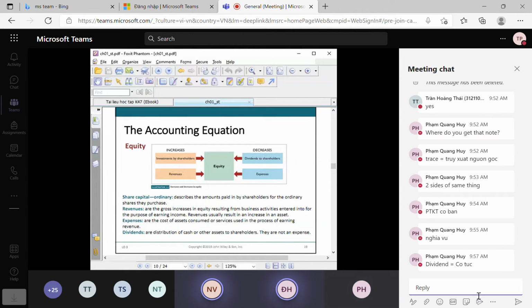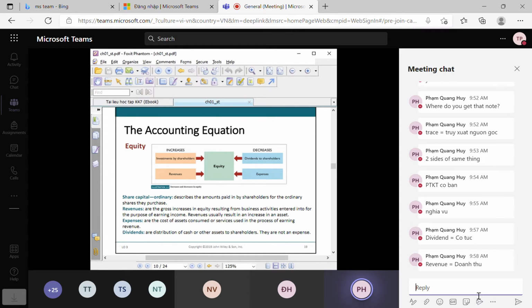The next one, revenue. Today is a lot of academic work. Please remember, revenue. Here, revenue is here, right? And the last one, expense.